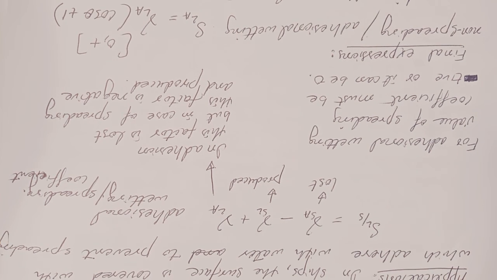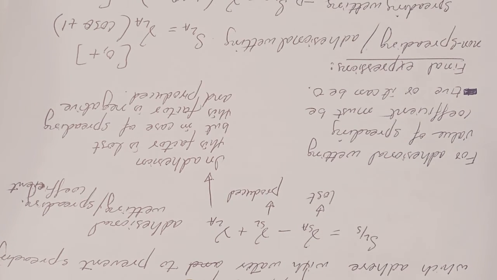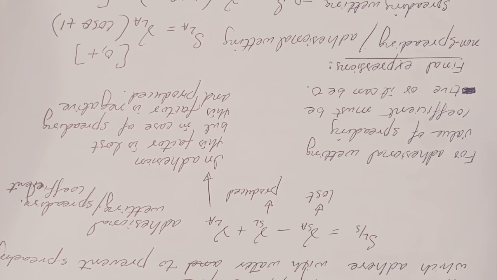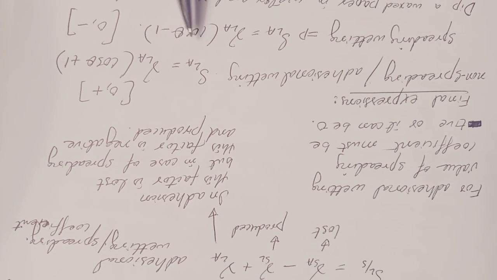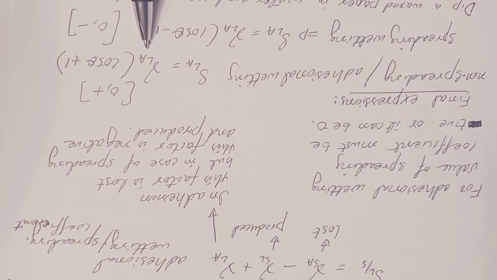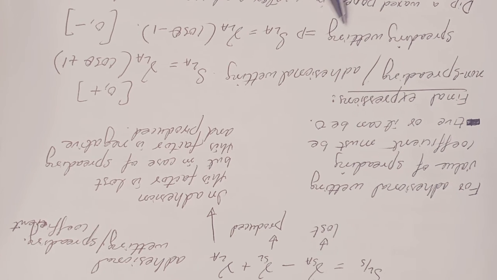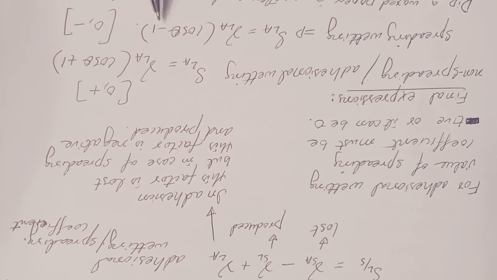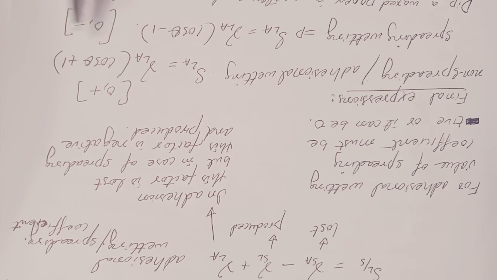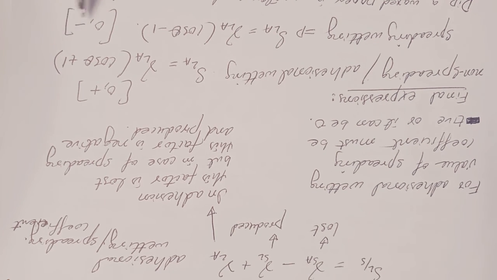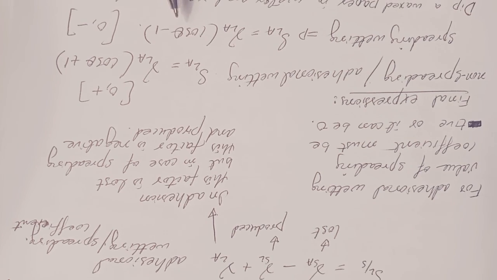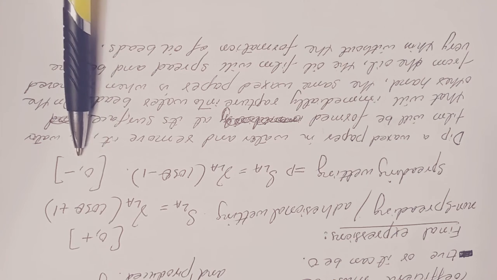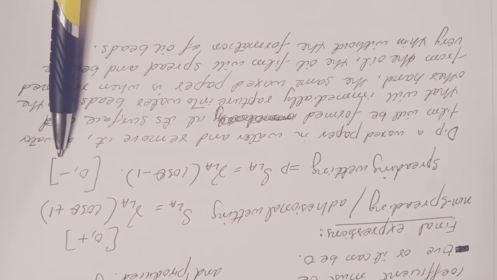So the final expression we get here for non-spreading or adhesional wetting is the same as that derived for spreading, but here the negative sign is changed to a positive one. So overall, for spreading wetting, this value should be 0 or it can be negative.